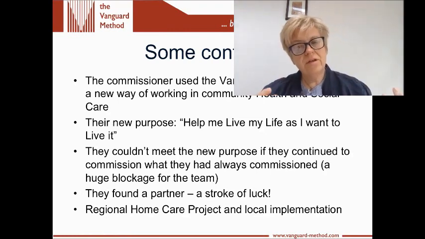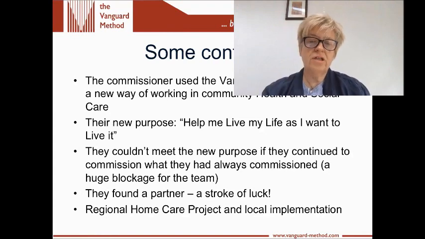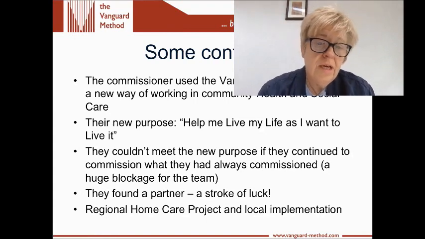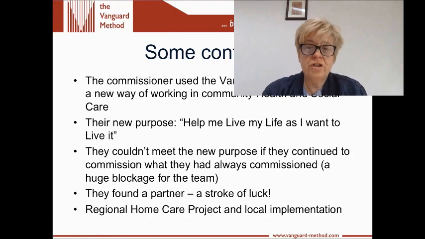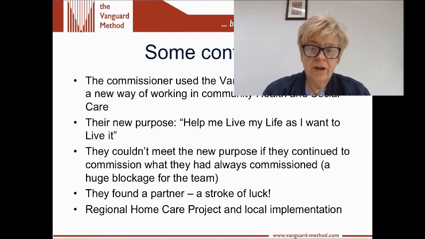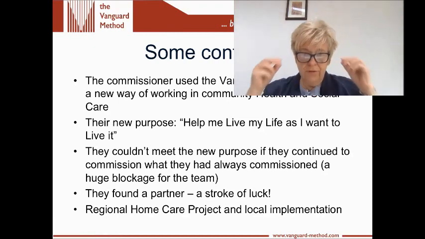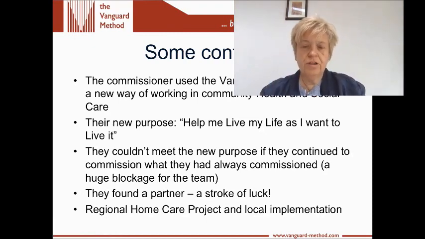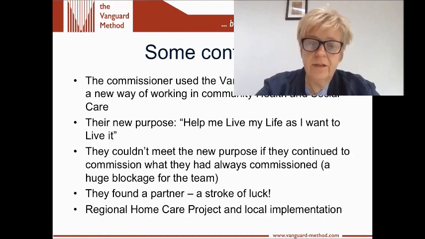So they realised they couldn't meet the new purpose if they continued to commission what they'd always commissioned. For them, it was a huge blockage for the team and for the organisation. So they knew they had to do something different. And of course, the provider also recognised this. And it was very interesting to be part of those conversations within the redesign course.